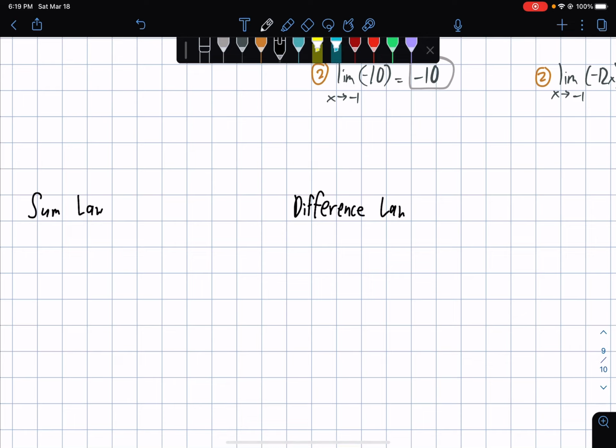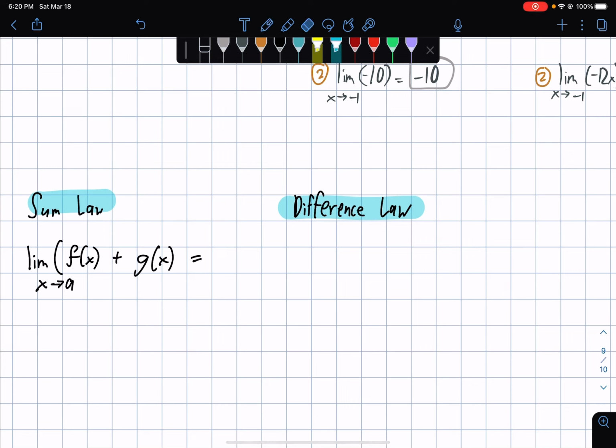So sum law and difference law, these are two more that we have. For sum law, literally from the word sum, we use addition. Addition of what? The limit of f of x plus g of x. So you find the sum of f of x and g of x, such that x approaches a.